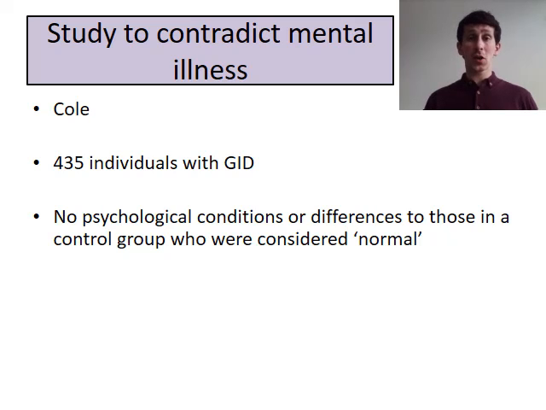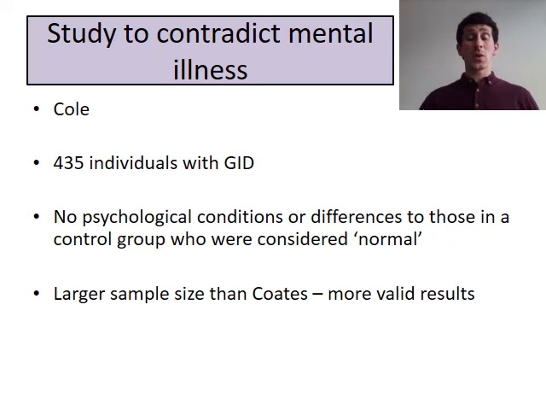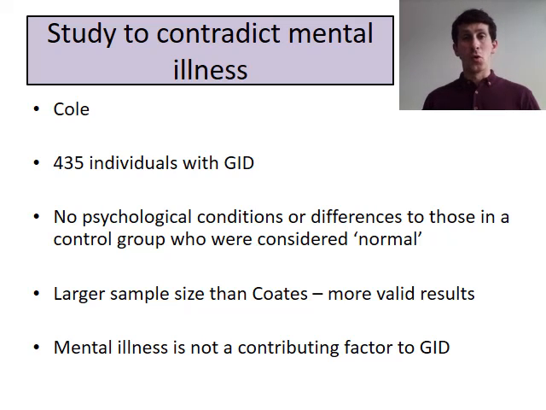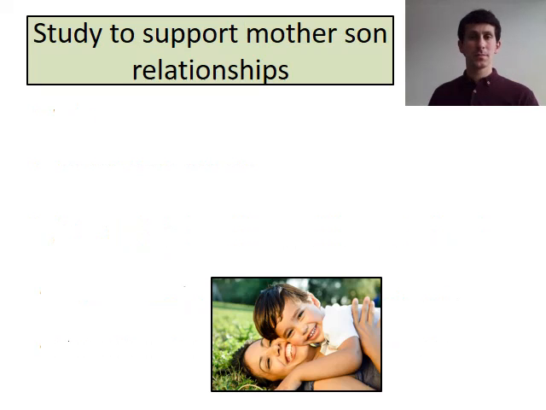So no psychological differences whatsoever. So it suggests that it's not down to mental illness. And because this is a far greater sample size, it shows far more valid results than Coe's earlier study. But overall, it points towards GID not being a mental illness, and mental illness not contributing to GID.